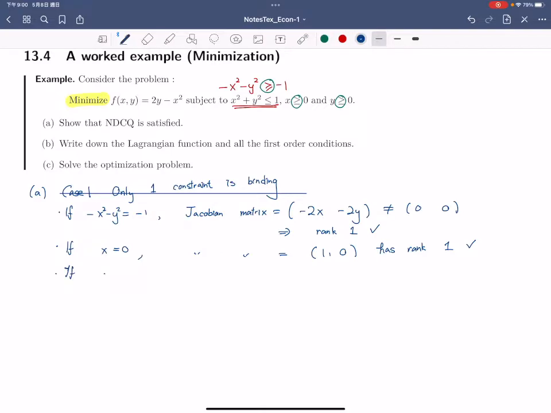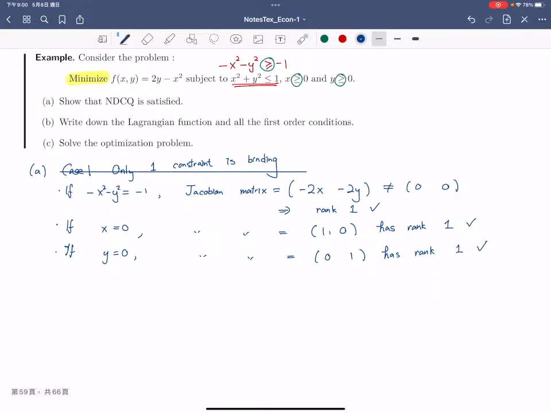And finally, the last case is if y is 0, so the last constraint is binding, then the Jacobian matrix equals 0, 1, and that also has rank 1. So in all these cases where only one constraint is binding, the rank equals the number of binding constraints, so NDCQ is okay.